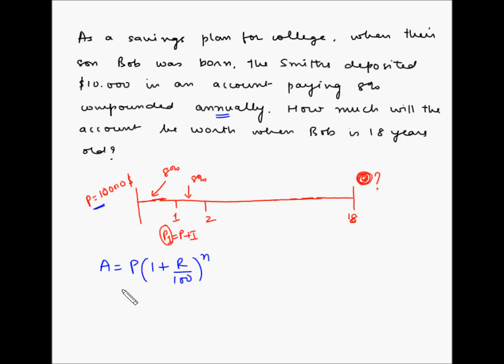So let's enter these values to find out the amount. So A is equal to 10,000 multiplied by (1 + r/100) to the power n, where r is 8 and n is 18.